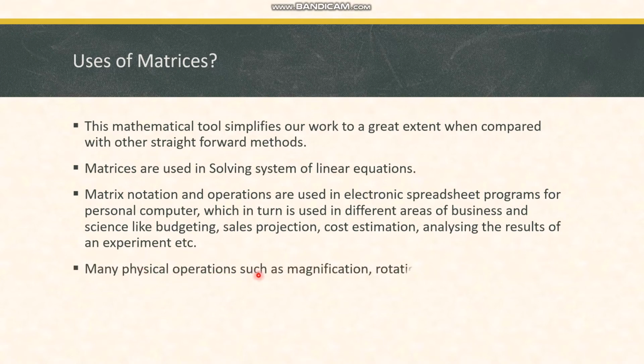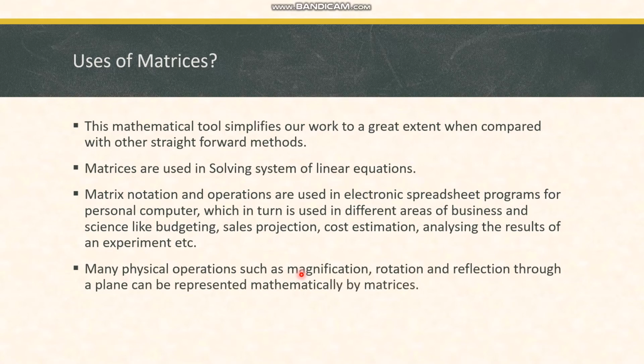Many physical operations such as magnification, rotation, and reflection also use matrices. And the main use of matrices is in cryptography, where a code or a signal is encrypted using a matrix, and then the receiver decrypts and receives the information. So in this way our messages remain secure and safe.